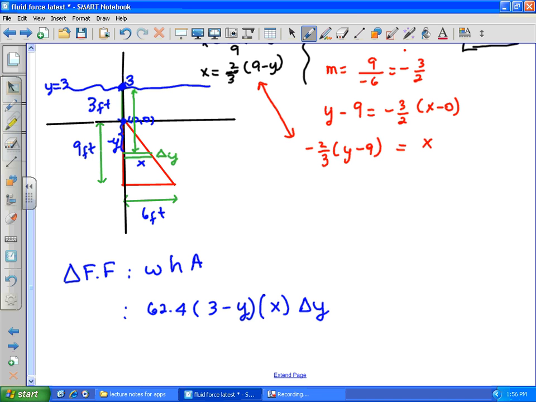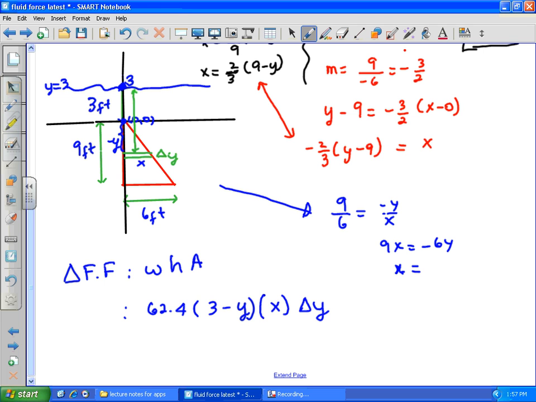How would you set your similar triangle ratios now? On the big one, the ratio of 9 to 6 equals what on the small one? Negative y to x. I need to know what x is, because we're below the x-axis. That is why.